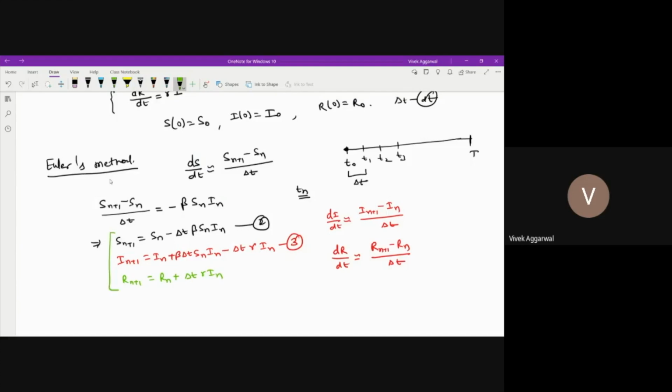So I get this discrete system from here. This is equation number 4.